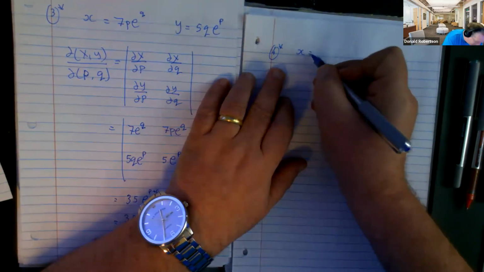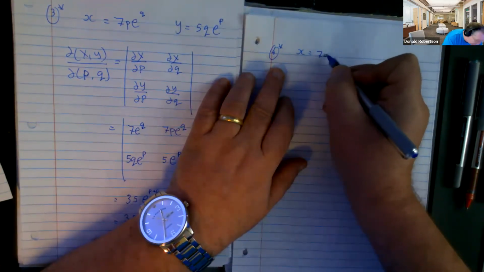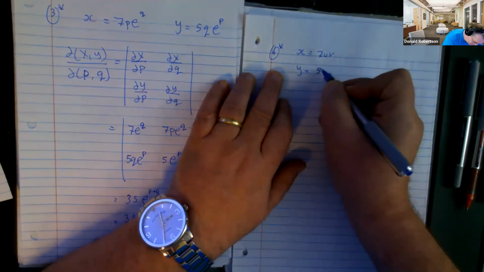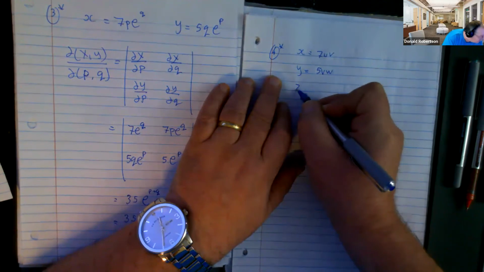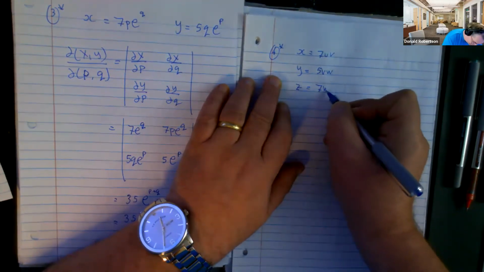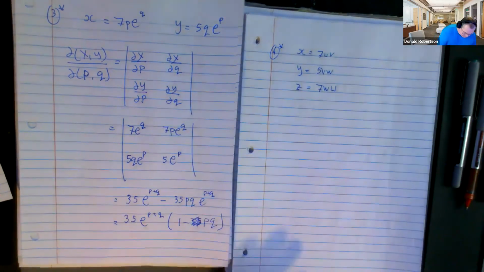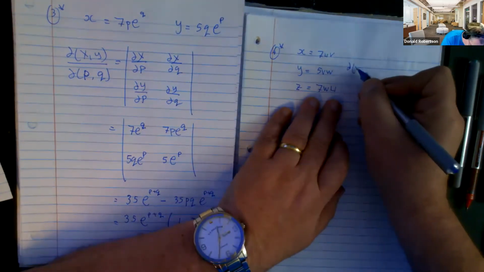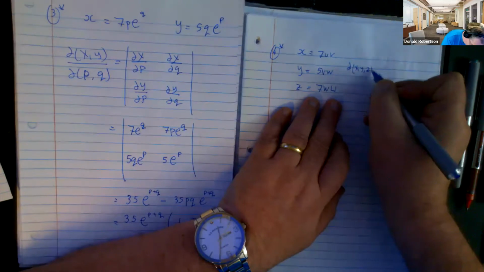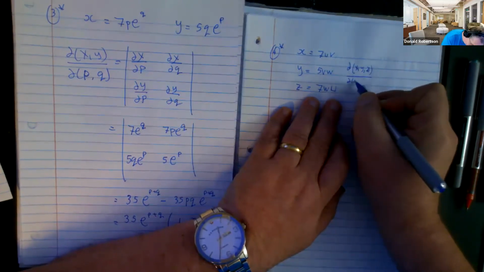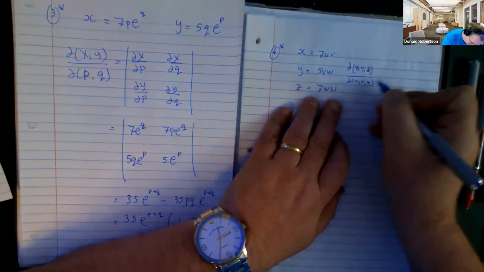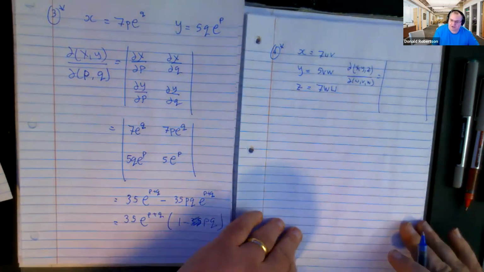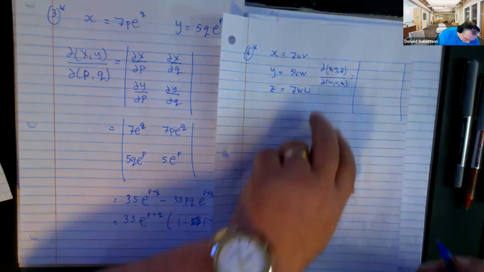So in this case, x is 7uv, y is going to be 5vw, and z is going to be 7wu. And the Jacobian of x, y, z with respect to u, v, w is going to be a 3 by 3 matrix, and then it's the determinant of it.